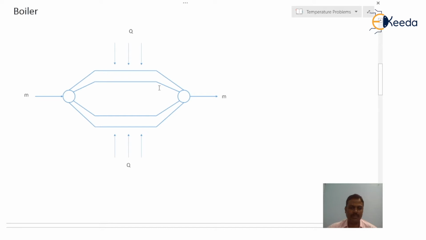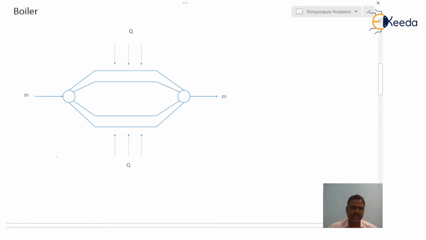This is the boiler in which there is a mass flow rate of m kg per second, which is at the liquid state at inlet, and it produces steam at the exit. That mass flow rate is also m kg per second. Here steam is produced by receiving Q amount of heat that is produced by combustion of the fuel.